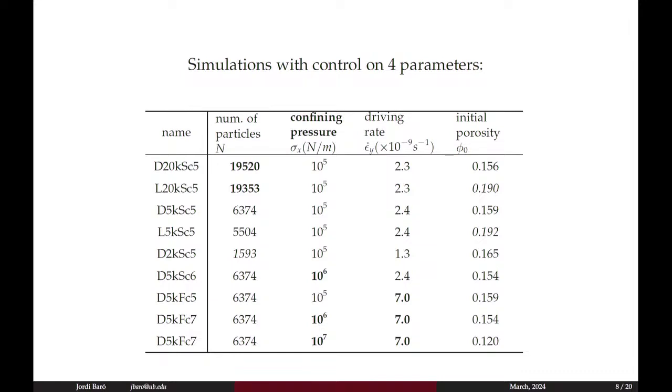And the most important aspect here will be the confining pressure, right? So how much pressure we impose by the lateral boundaries. And this has a direct relation with the rigidity of the particles. The higher the confining pressure, the lower the rigidity, the softer the particles are. Right? And this is what will have the most relevant effect on the avalanche statistics.